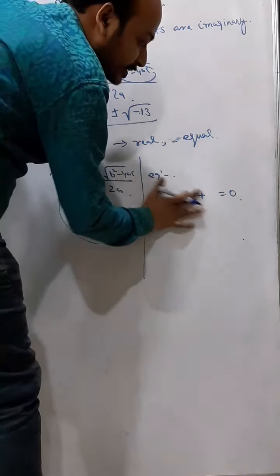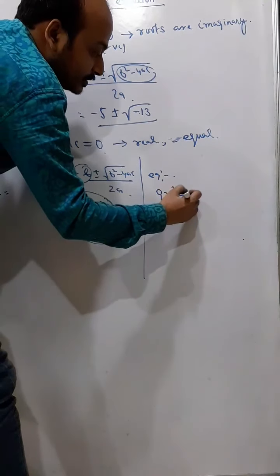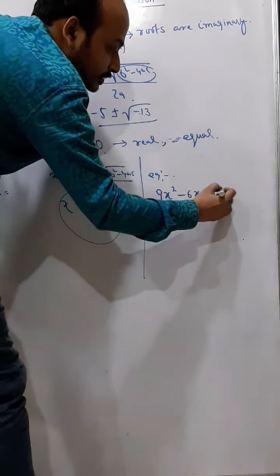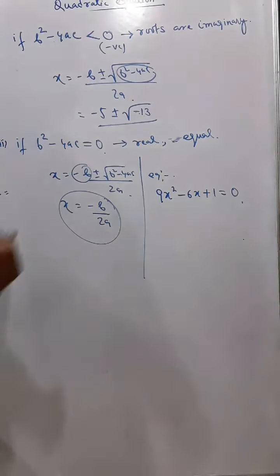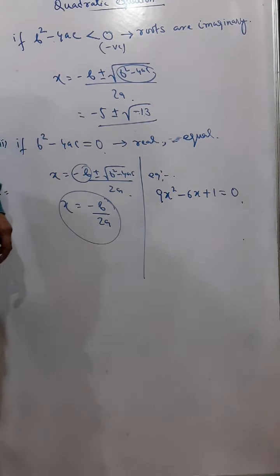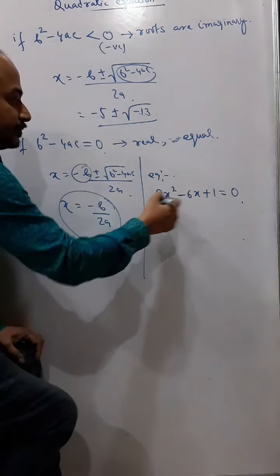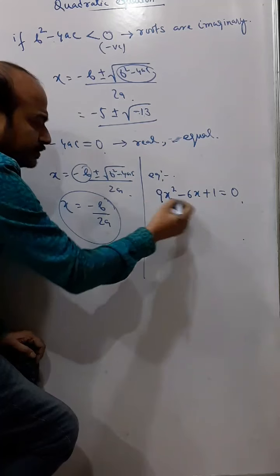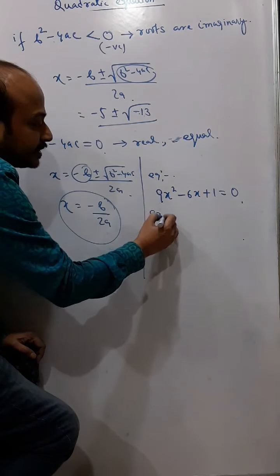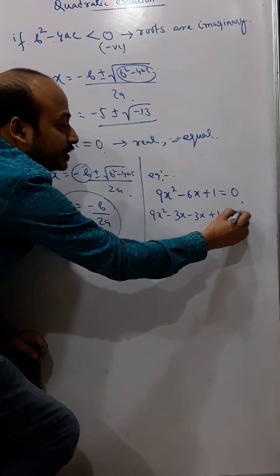Let us take this example and solve it by the factorization method. 9x square minus 3x minus 3x plus 1 equals 0.